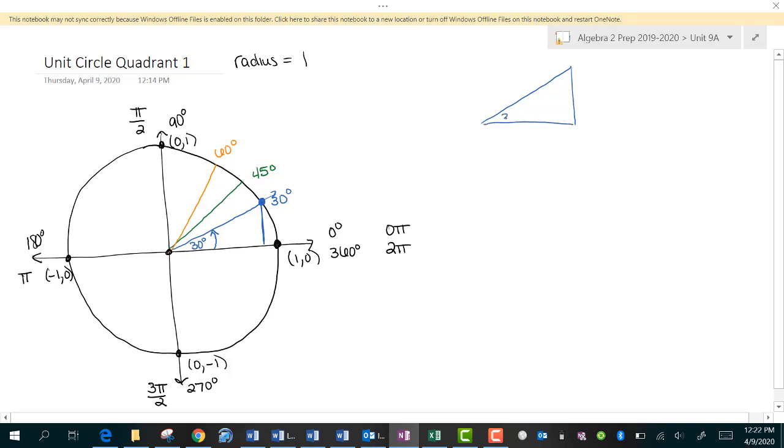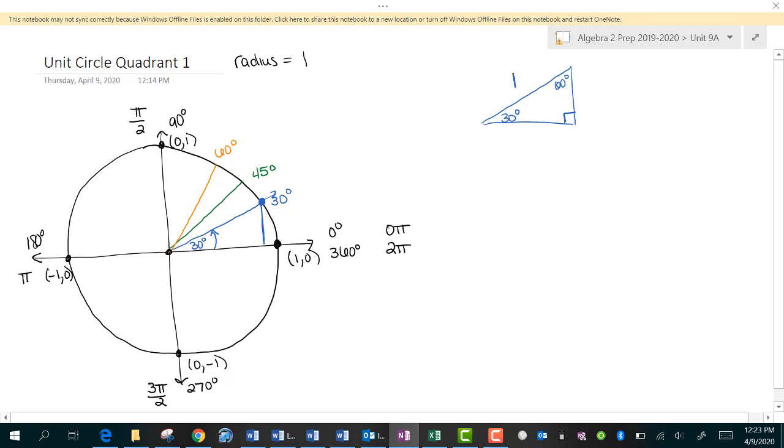So I know this angle measurement is 30 degrees. Because I have a vertical line intersecting this x-axis, this creates a 90-degree angle, and that leaves me with a 60-degree angle up here. And we said already that the radius of the circle was equal to 1. So I know that my hypotenuse here has a measurement of 1.